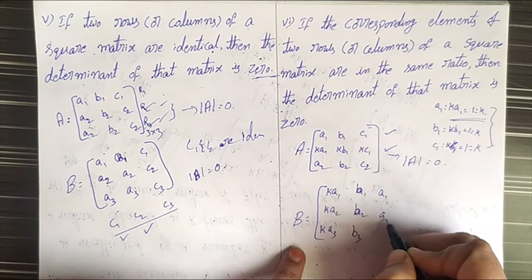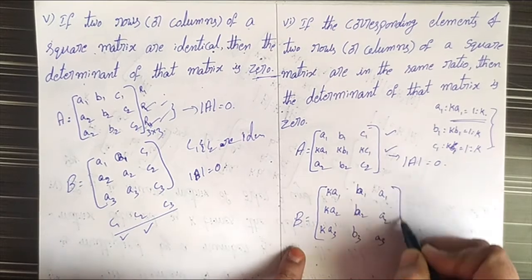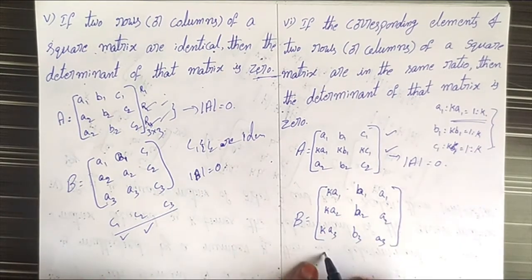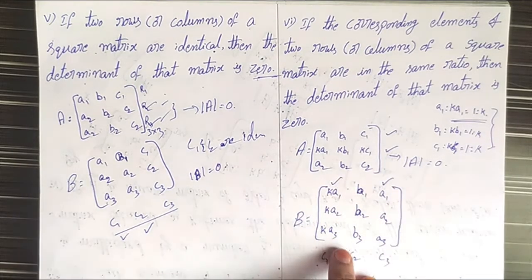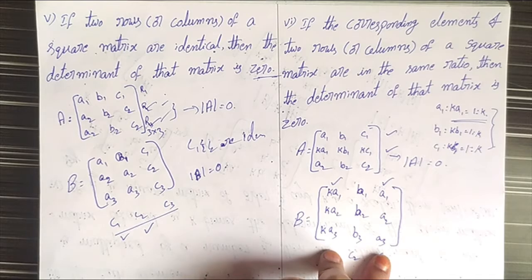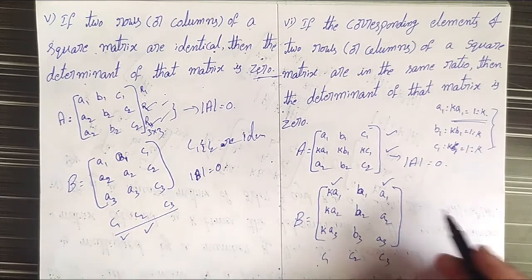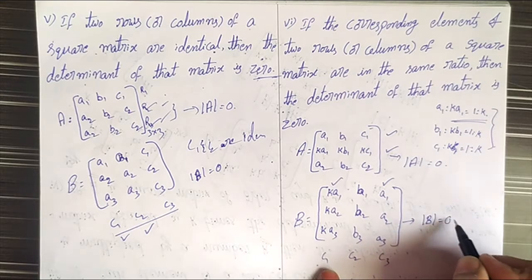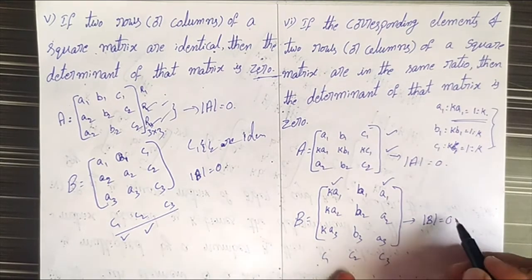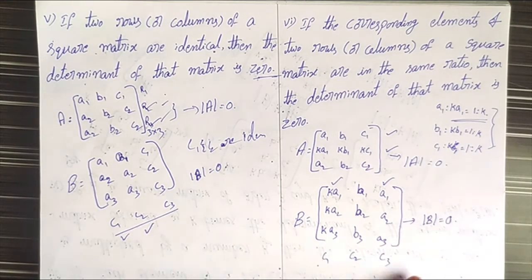This is the first column, second column, third column. In this, the first and third columns are in the same ratio. Then in this case, the determinant of that matrix is equal to 0.